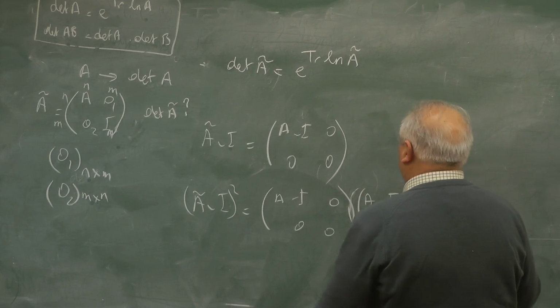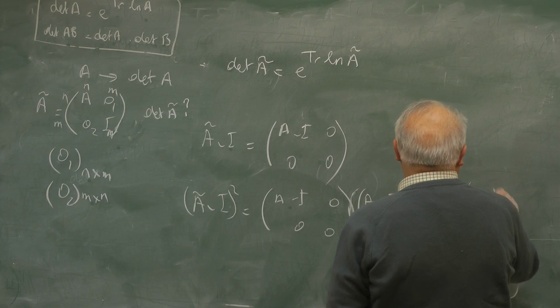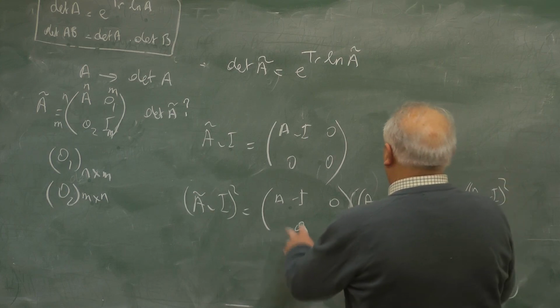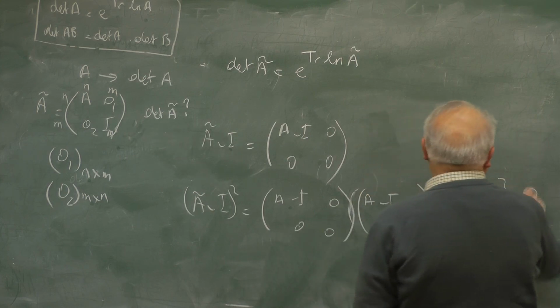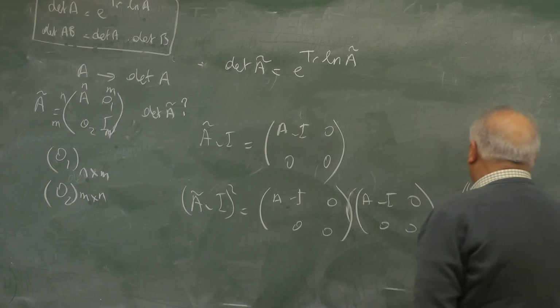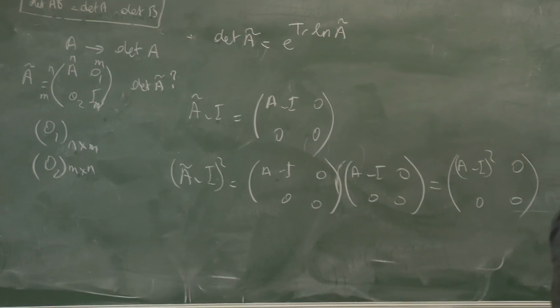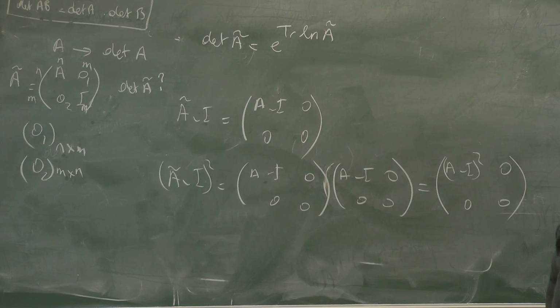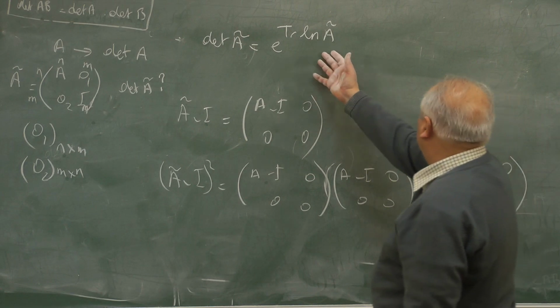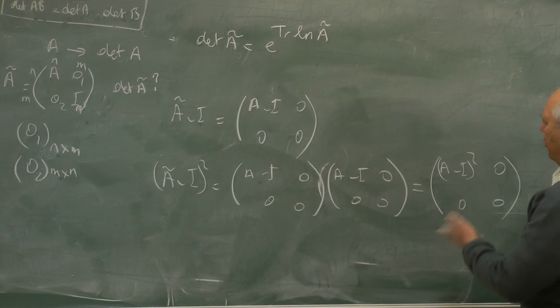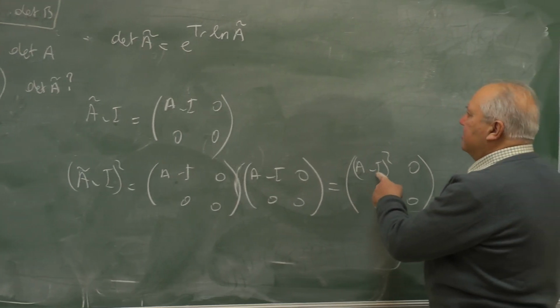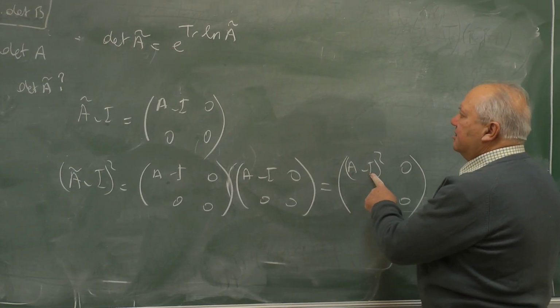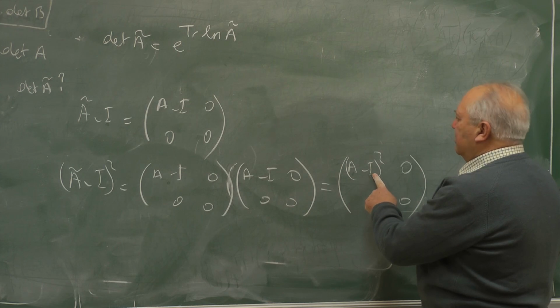So this is A minus I square, and everything else will be 0, 0. So when you are taking the trace of it, you will be taking the trace of the powers of A minus I. Here I is the n by n.